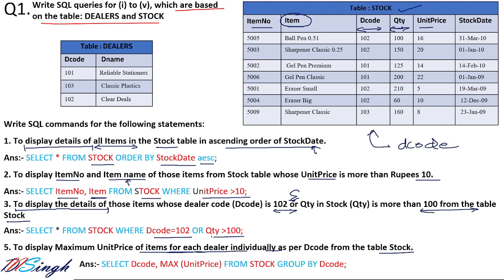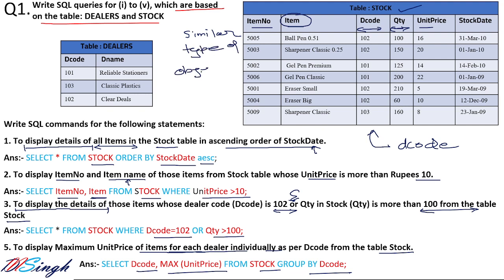So how will we write? Select D code and max of the unit price from stock group by D code, because the column on which you are grouping, there must be some repetition. If repetition is not there, the objective of grouping will not be satisfied, because similar type of objects will be grouped.